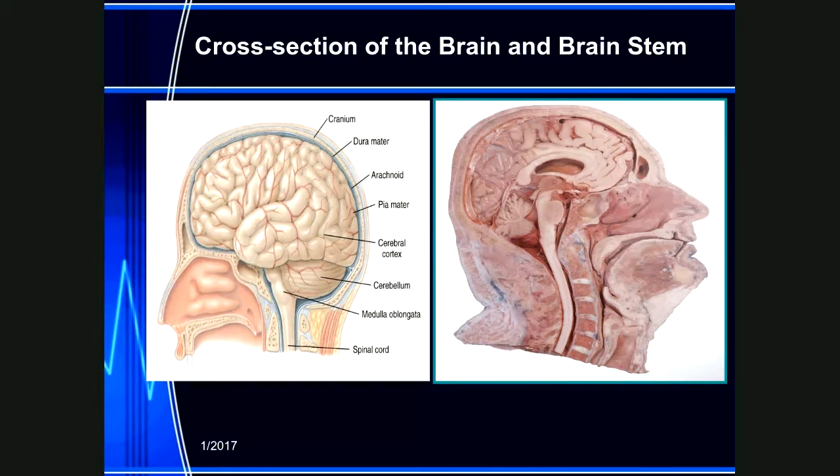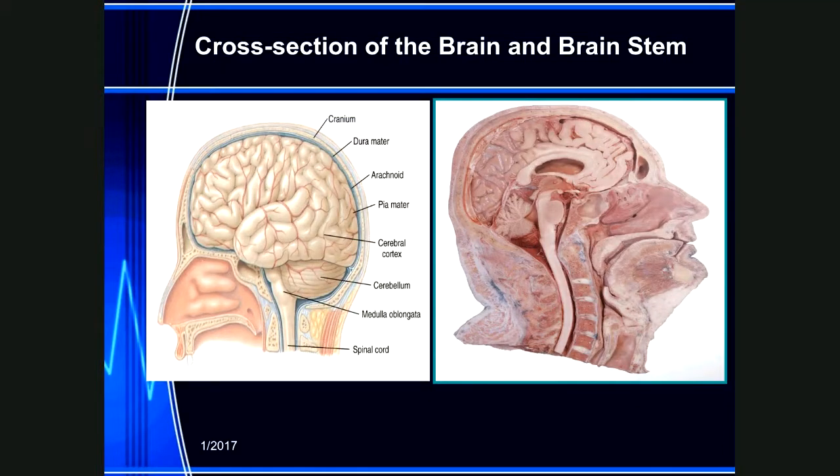Make a note of where the medulla oblongata is located. The medulla oblongata, what a great word. But it's probably one of the most important words in the whole human body. Now, granted, the heart is a pretty important word.